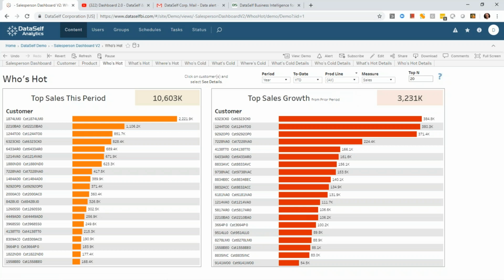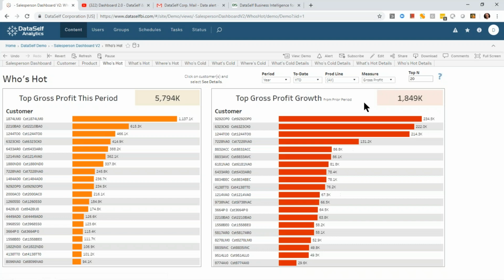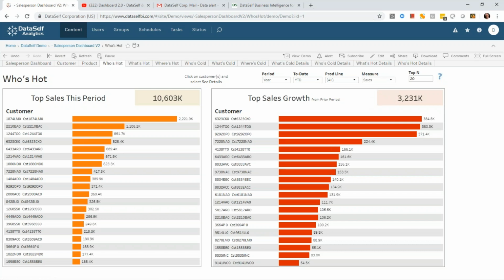Now, some companies also don't care about sales per se, because they make money out of units sold, or maybe out of the gross profit. And here you just pick and choose a different measure, let's say gross profit. And right now my report would be showing the top customers by gross profit instead. So it's easy to change and let salespeople decide what's important for each one of them.